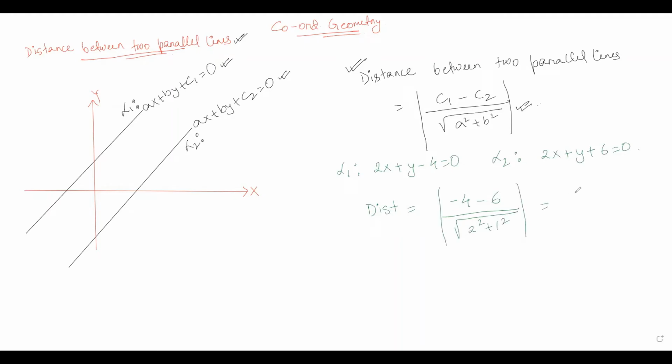So this would be minus 10 upon under root of 5 mod, which would be 10 upon root 5, and this can be simplified and rewritten as 2 root 5. So the distance between these two parallel lines is 2 root 5 units. So we can directly use this formula to find the distance between any two parallel lines.